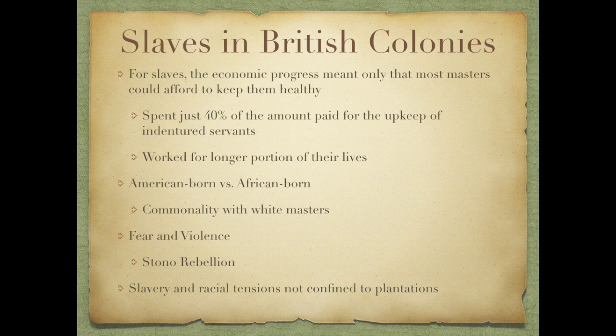Slaves in northern cities, for the most part, remained unskilled, and so did factory work, factories being something that are experimented with in the northern colonies, or they would work in shops, but it was largely unskilled labor.